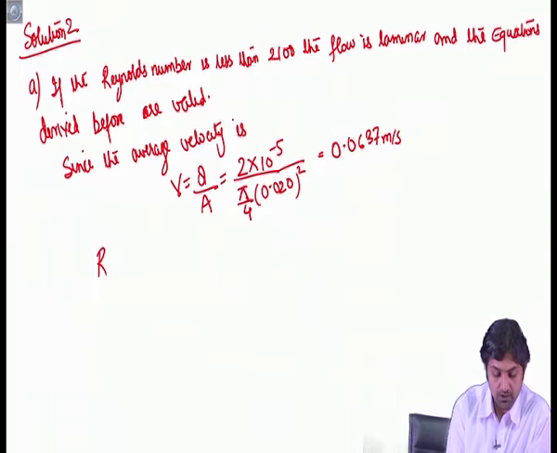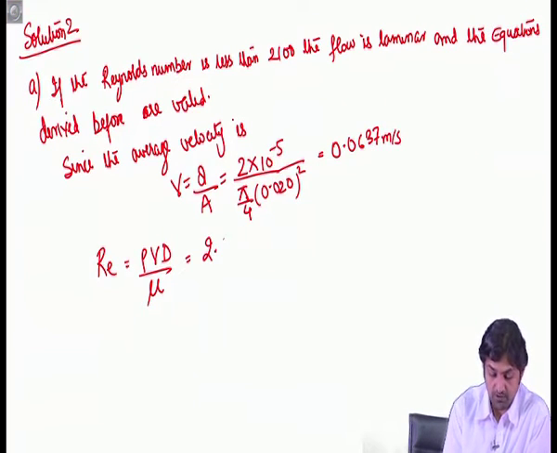And how do we write the Reynolds number? Rho V d by mu, and on putting this velocity in you get a Reynolds number of 2.87.